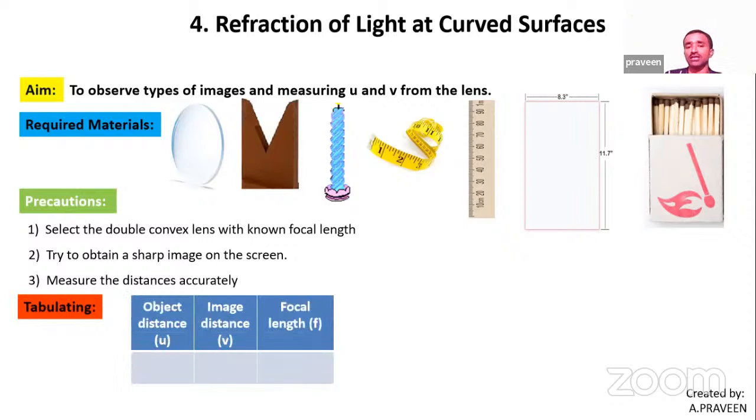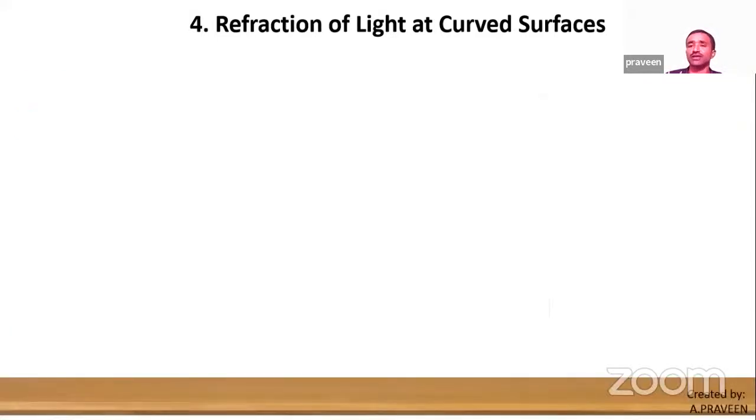So what the focal length is, you can also find out using that formula after derivation. So object distance we can note down, image distance we can note down, and finally focal length. Then from these observations you are able to generalize about the characteristics of the image, whether the characteristics of the images are always the same or change, right? So that is the generalization we can give.